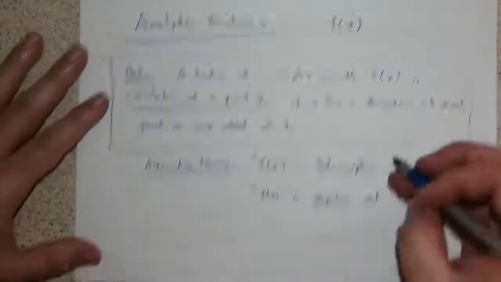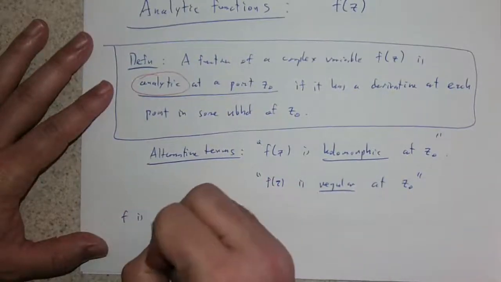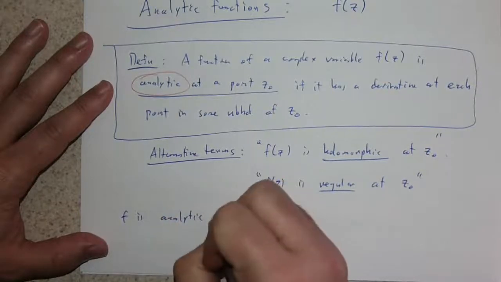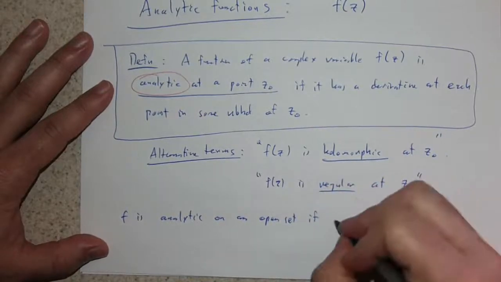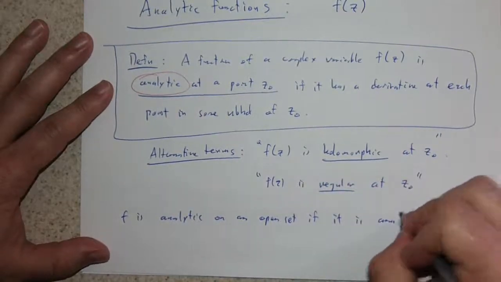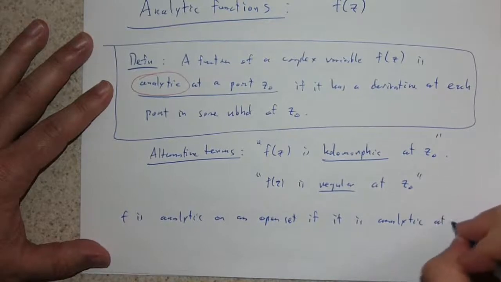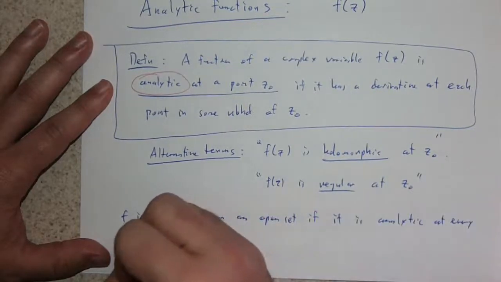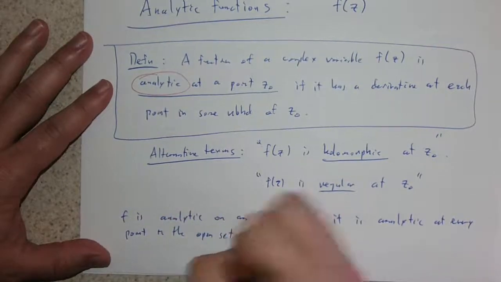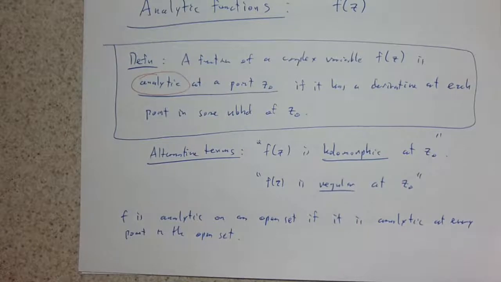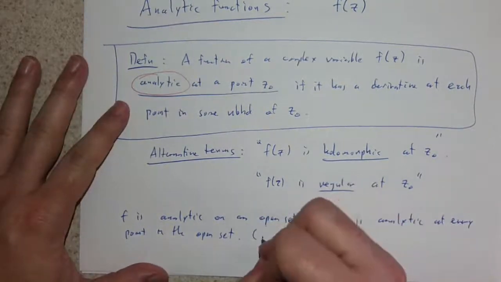Okay, f is analytic on an open set if it is analytic at every point in the open set. Which means it has a derivative everywhere in the set.